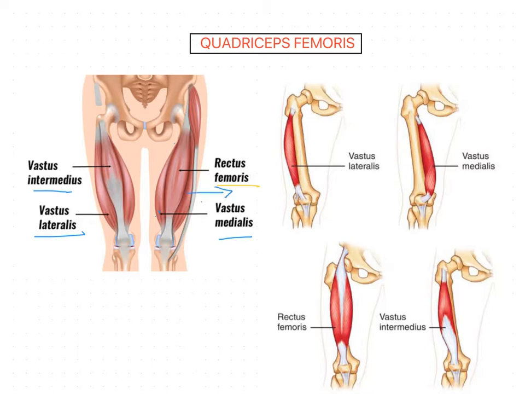Vastus intermedius is also in the same location as the rectus femoris. Below the rectus femoris, the vastus intermedius is present, but the origins of the rectus femoris and vastus intermedius vary. Now we will see the rectus femoris.